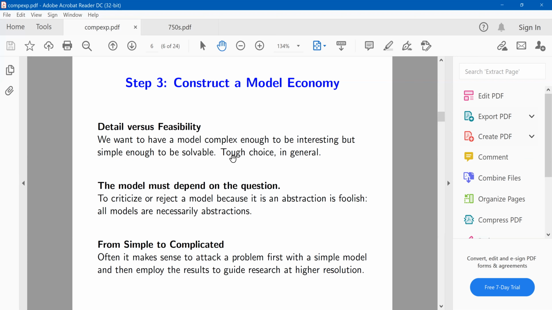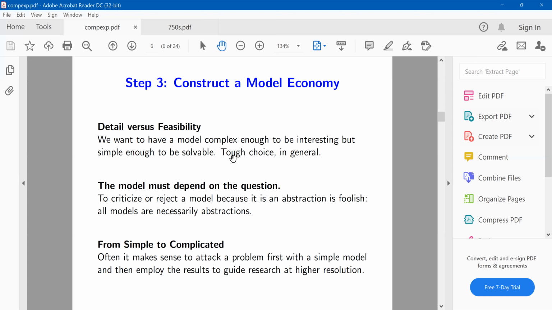But also, there's a cost to it, right? If you add too much detail into the model, then the model becomes very complex. It becomes harder to solve, all right? So you must decide on this detail versus feasibility issue in a careful manner. And usually it's a tough choice.